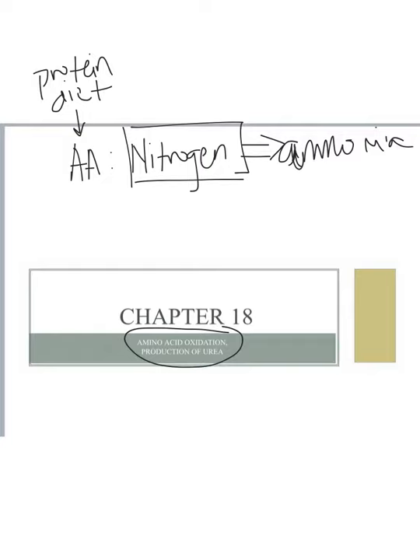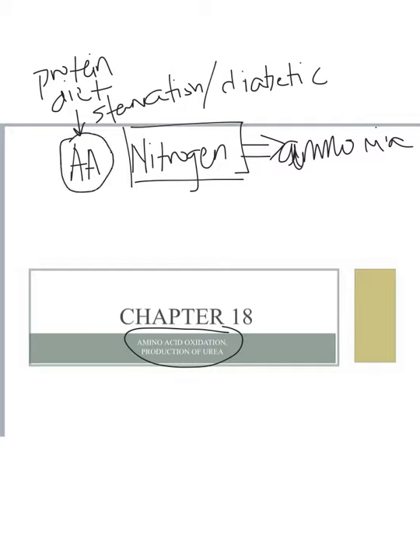Or if you are under conditions of starvation or diabetes, so that's when carbs become unavailable. That's when you start breaking down proteins and using those as fuel. So under conditions of severe starvation, or severe diabetic conditions, when we start breaking down proteins as a source for fuel, that's where we get these amino acids.